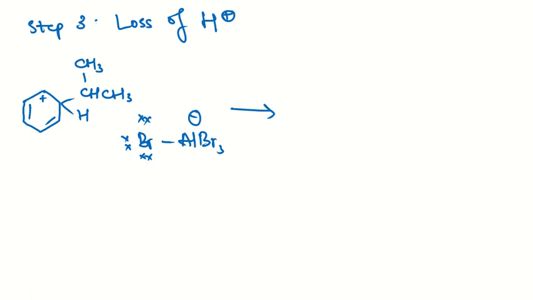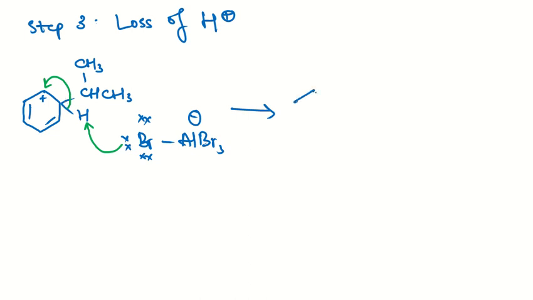Okay. So one of the lone pairs on bromine will take this hydrogen as a proton. Okay, and then the electrons from this C-H bond will be pushed to the carbon with positive charge to regenerate the benzene ring.